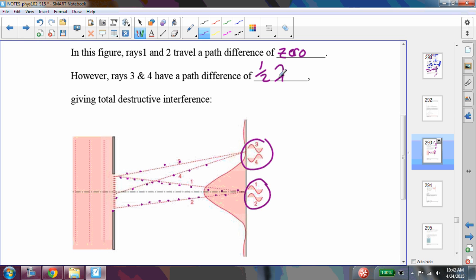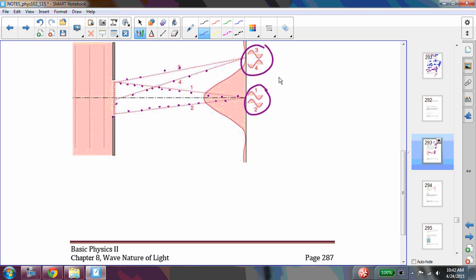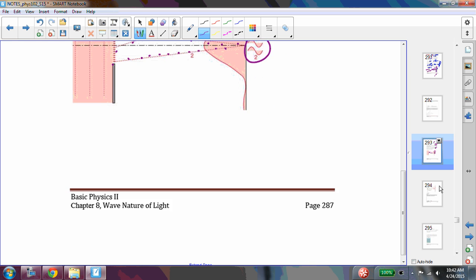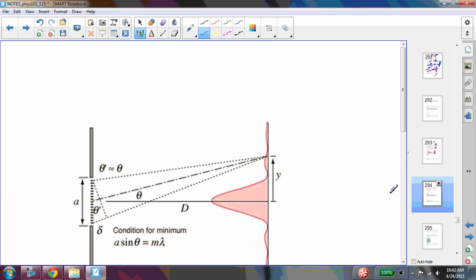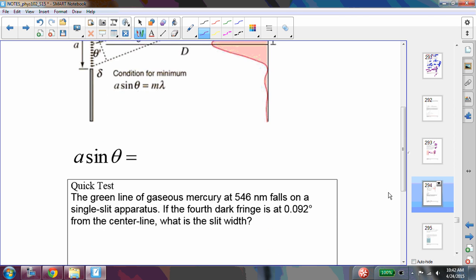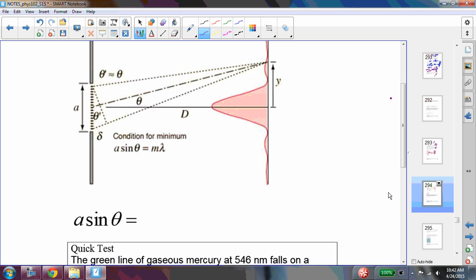Now, we're not going to go through the geometry, but I'm just going to give you the expression for the dark spots. Turns out that for a single slit, a sine theta, where a is the width of the slit, will equal m lambda.